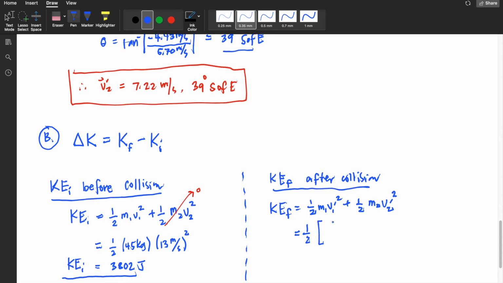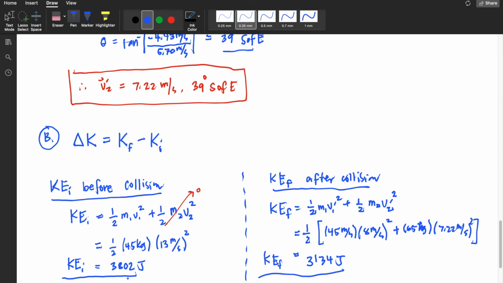So you'll have here m1, 45 kilograms times 8, the magnitude of v1 prime, meters per second quantity squared, plus 65 kilograms times 7.22 meters per second squared. So the answer would be 3,134 joules of energy, final.